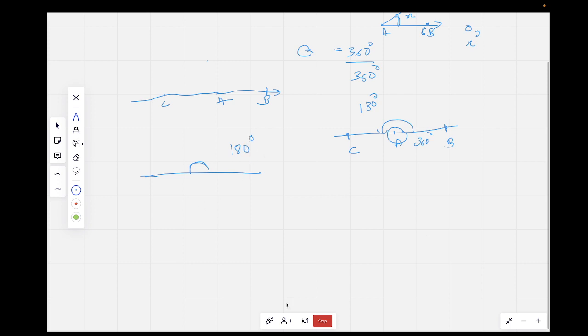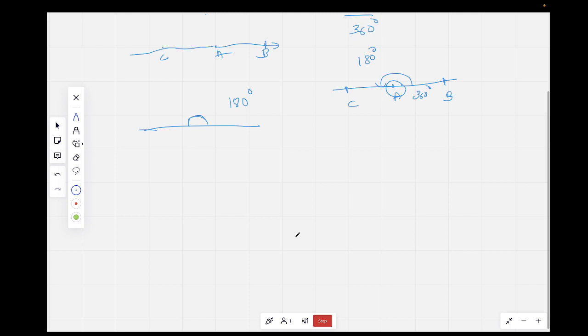There are many different terminologies associated with this angle. So let's say I draw a straight line and there is a line segment AB, which is marking, like, let's say, line segment CD.